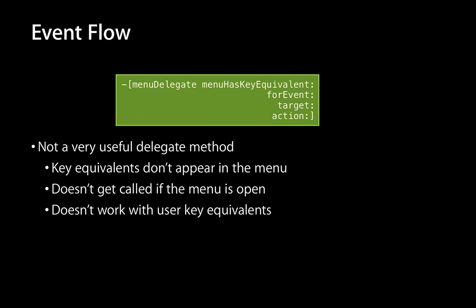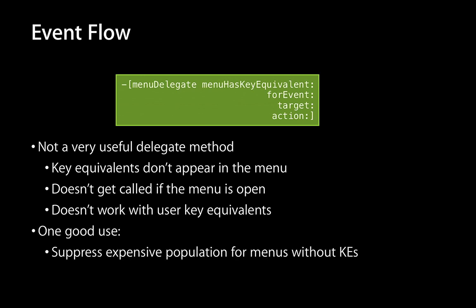You'd have to go to heroics to make user key equivalents work with this type of delegate method. But it has one good use, and that's to suppress expensive population for menus without key equivalents. So for example, the Open Recent menu has to hit the disk to be populated. You don't want to do that every time the user presses a key, so you might implement this delegate method to just return no, which is a way of saying don't even bother populating me for key equivalent searching because I promise I don't have any.